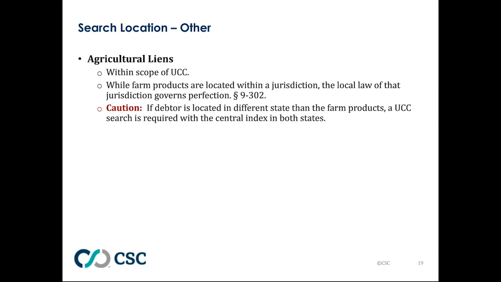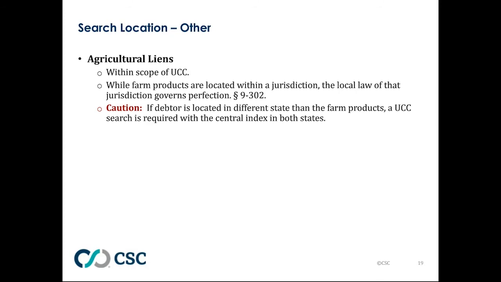In that case, it may be necessary to search at both the Secretary of State of Minnesota and the Secretary of State of Iowa to find all of the security interests and agricultural liens in those farm products that are on both sides of the border.